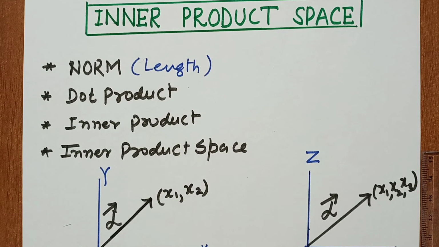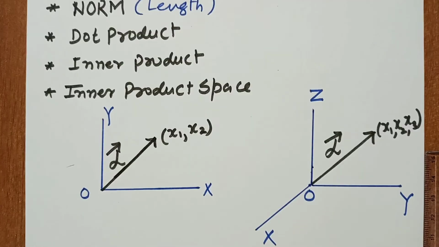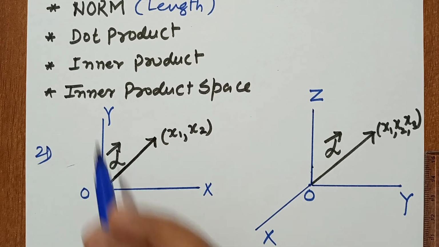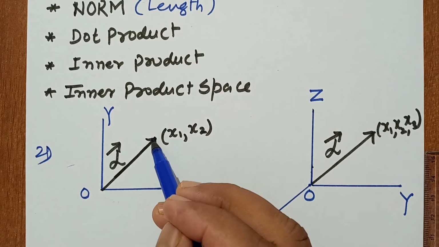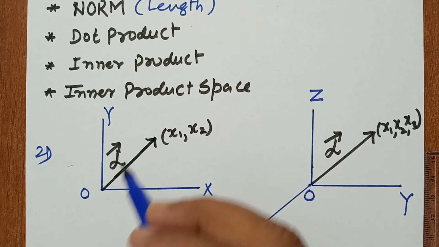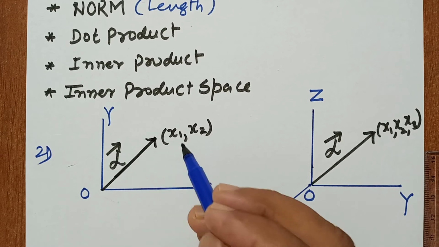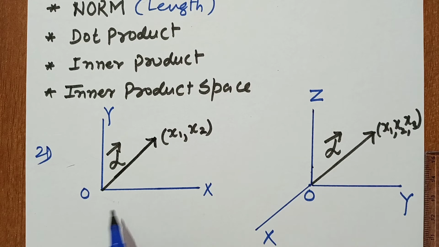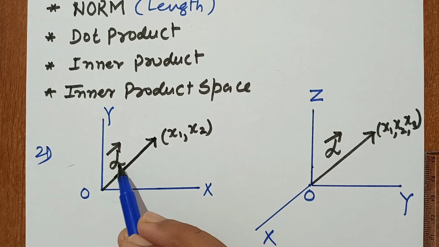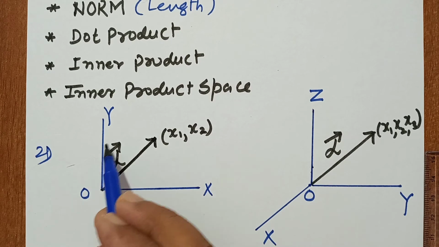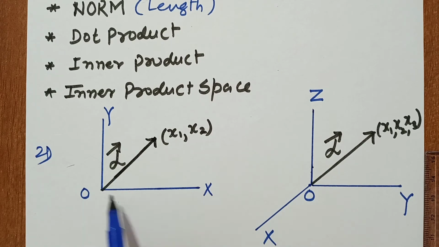So in two-dimensional space, in 2D, with OX and OY axes, if alpha is any vector in two-dimensional space, then alpha can be written as the ordered pair x1, x2. In vector form, alpha is equal to x1 i plus x2 j, where i and j are unit vectors in the direction of x and y.